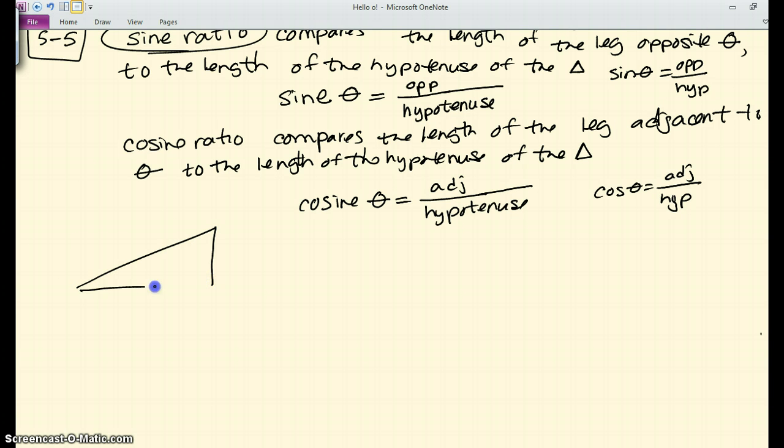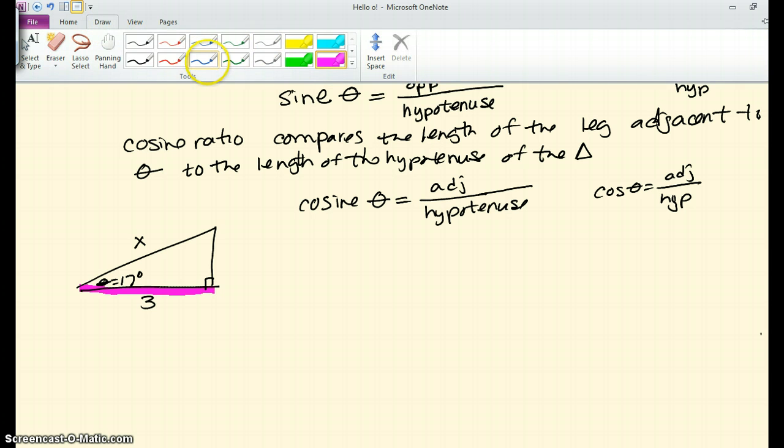A starts with copying the triangle. 17 degrees is theta. And you're just copying this right outside the book. Now, I'm seeing that I have a value for the adjacent leg, and I have the hypotenuse.